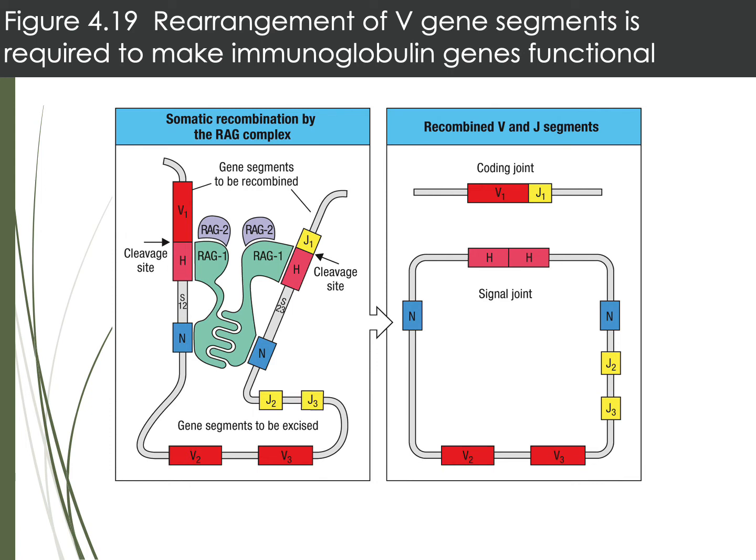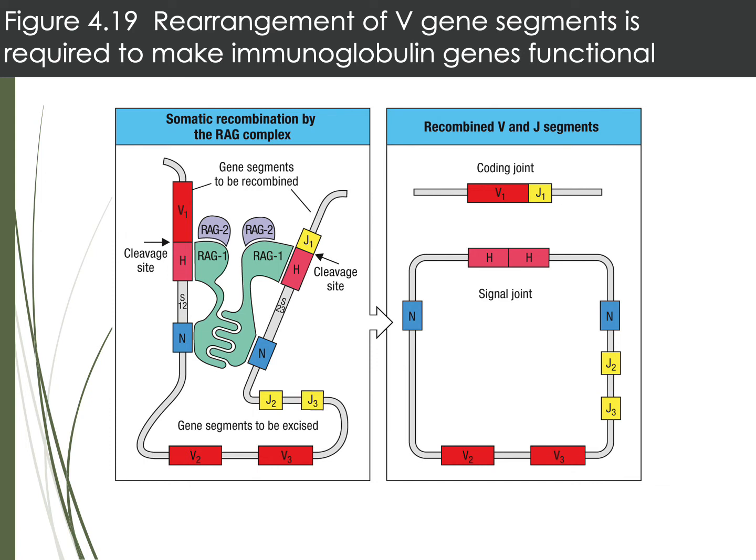So here we see in our image how we have RAG1, which is shown in the green, and it is binding to the nonamer, and that is the 9, and then the heptamer, which is the 7. So again, think back to that figure we just saw. There are those anchoring points, the 7 and the 9.